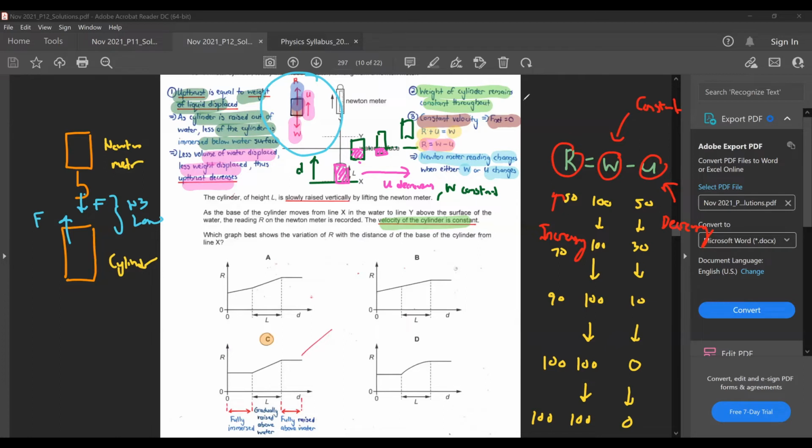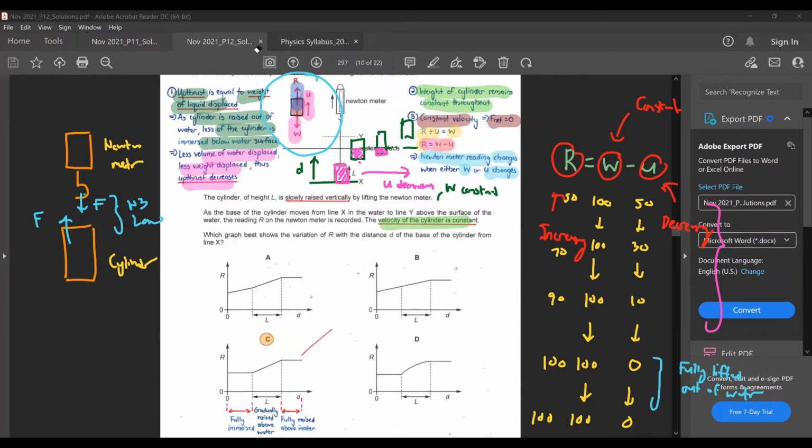So here is where it's fully lifted out of water. Wait, let me just redo this properly.